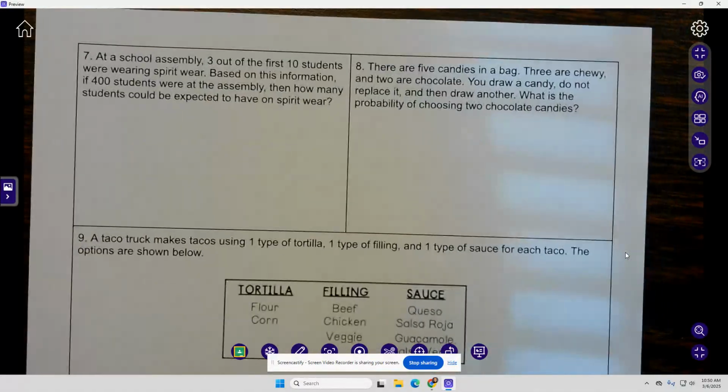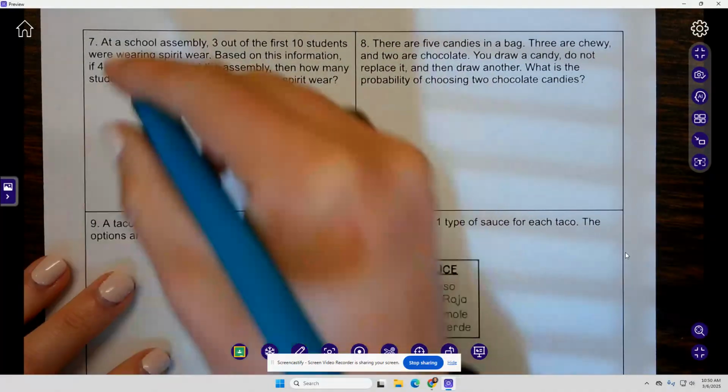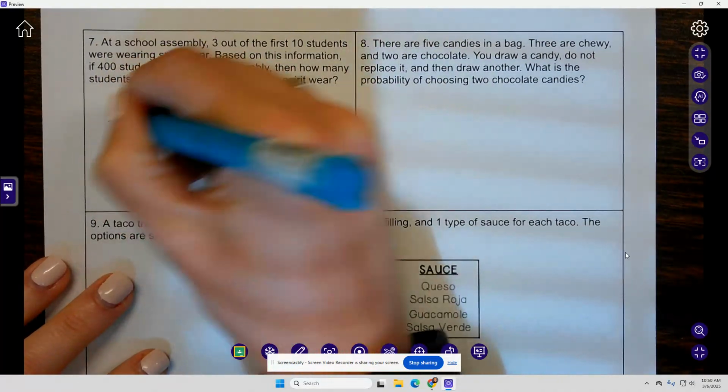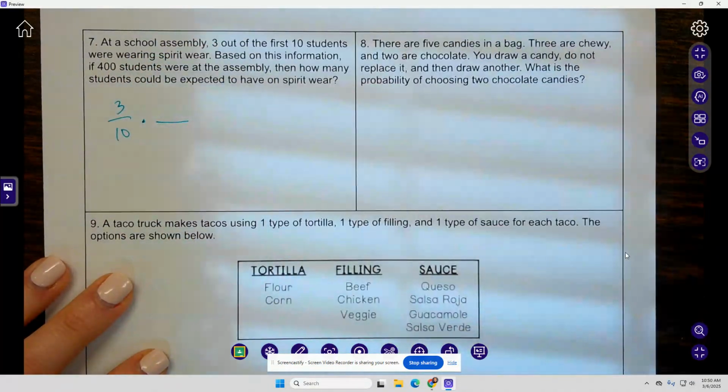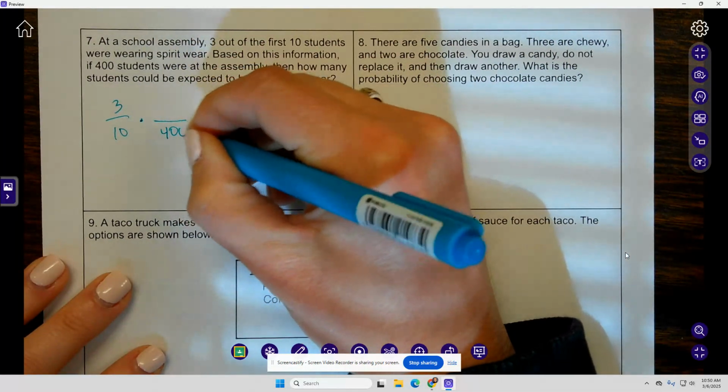All right, number 7. At a school assembly, 3 out of the first 10 students were wearing spirit wear. Based on this information, if 400 students were at the assembly, how many students could be expected to have on spirit wear? So this is where we're going to set up a proportion. So I have 3 out of 10 times x over 400.